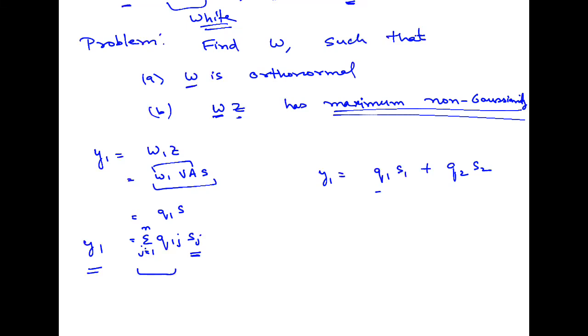So what choice of Q1 and Q2 will maximize the non-Gaussianity in Y1? Let's say there is a measure called kurtosis, and that's a measure of non-Gaussianity. It is 0 when the signal is Gaussian, and non-zero when it is non-Gaussian. Let's say kurt of S1 is 5. Let's look at the simple case first: kurt of S2 is also 5. Let's say both have equal non-Gaussianity.